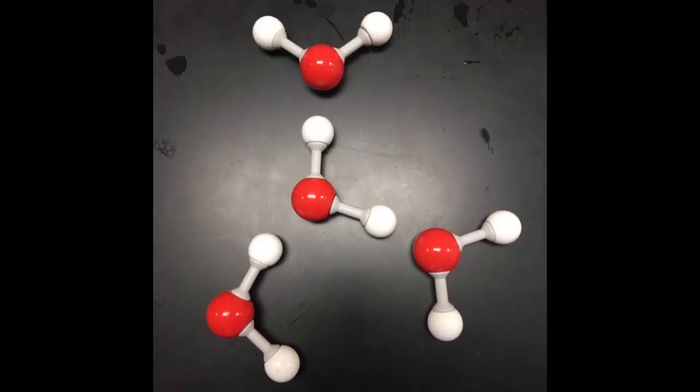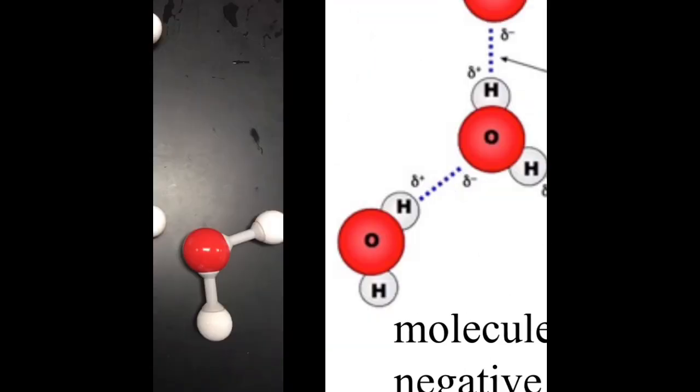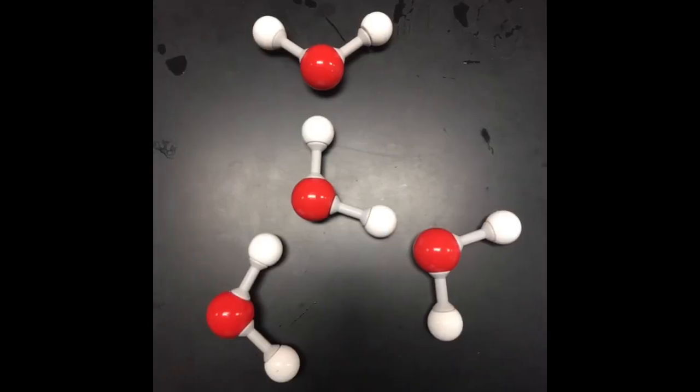Here we see the maximum amount of hydrogen bonds water can make, and it's really up to 4, but we depicted our diagram off of this diagram, which I'll talk about in a second. So water is polar because it shares electrons, but it doesn't share electrons equally, making it polar.